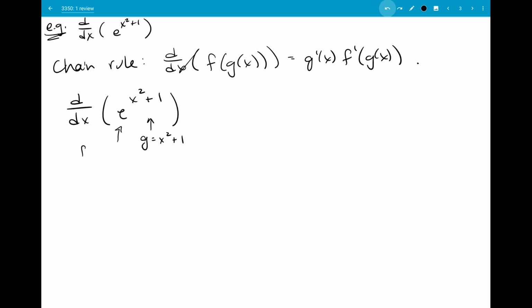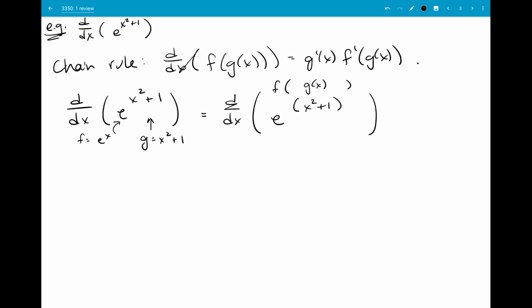So we're saying this is f of g of x because it's e to the function x squared plus 1. So there's g of x, and here's f of g of x.